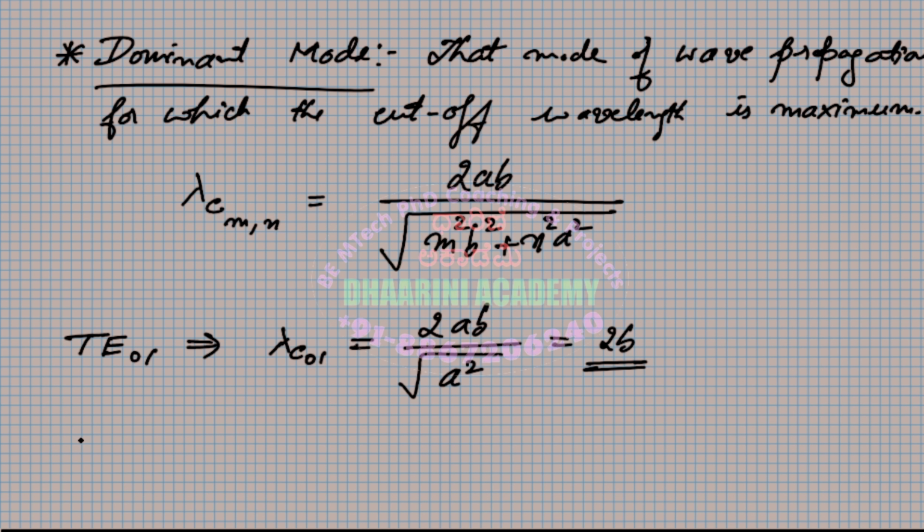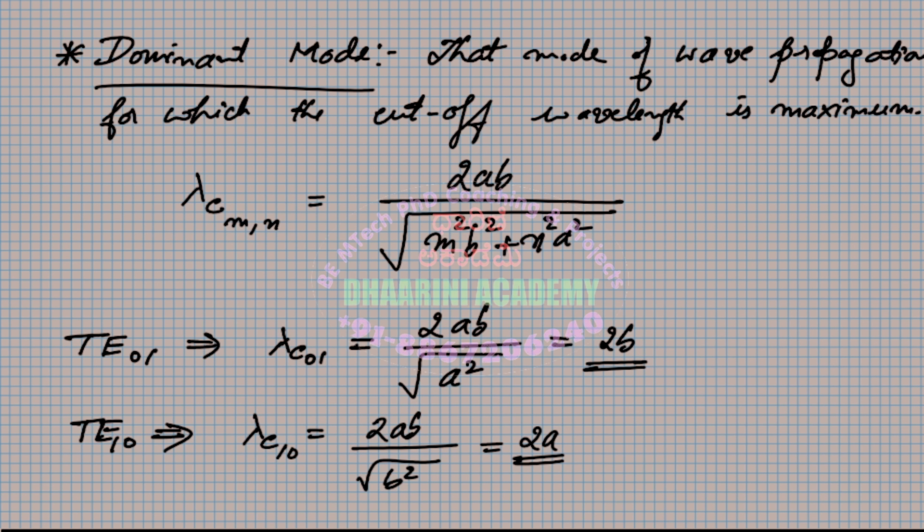Next, let me move to the TE10 mode. I'm going to call that lambda c of 10. In this case, the numerator is still the same, 2ab divided by the root of b square, so b cancels, I'm left with a, so that is 2a. That is the answer.